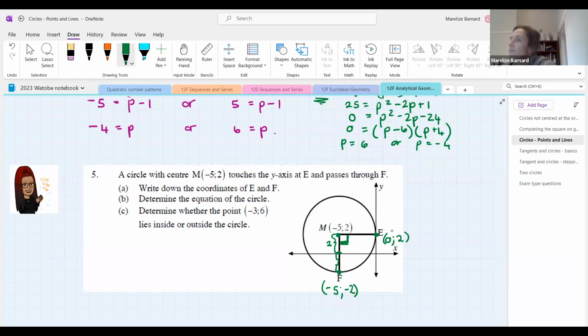I agree. Those of you who are saying -5 and -2, I do agree. Well done. Okay, so sometimes these questions look really difficult, but if you just sit with it a little bit and reason it out in terms of being on the Cartesian plane and the fact that this is a 90-degree angle, it means that this distance has to be the same as this distance.